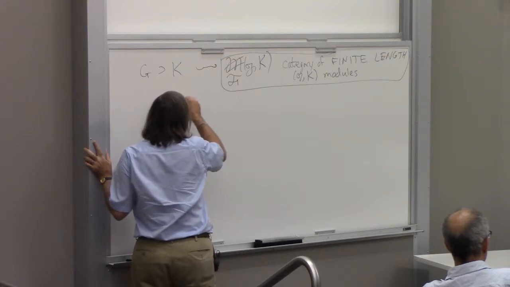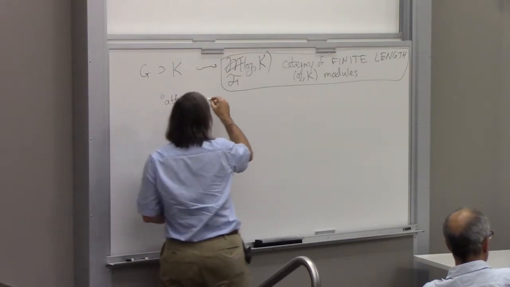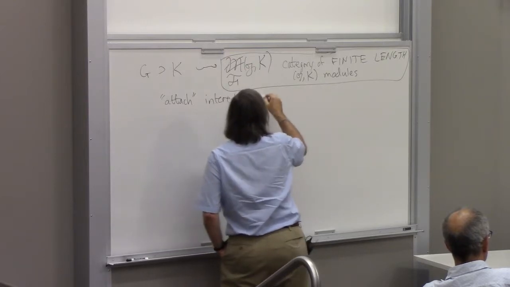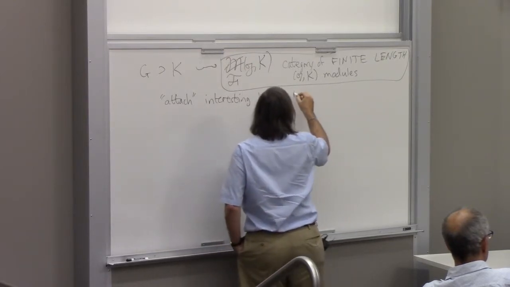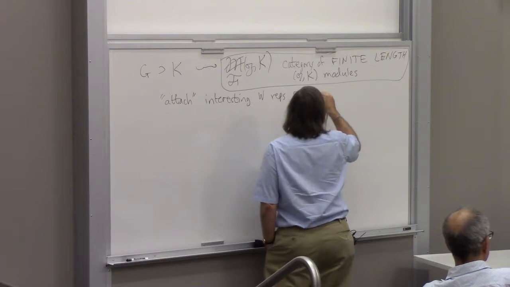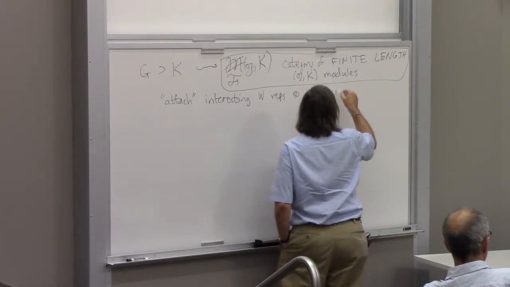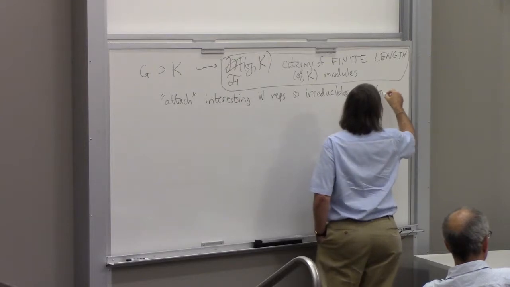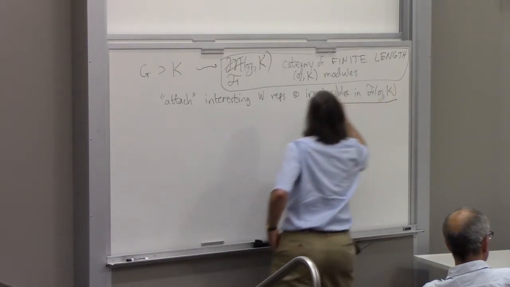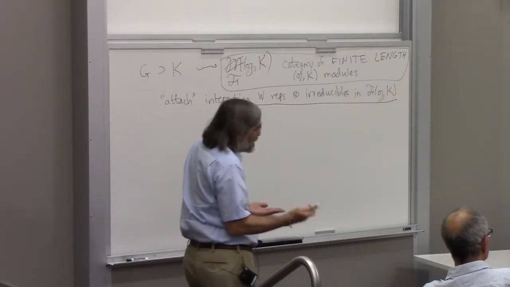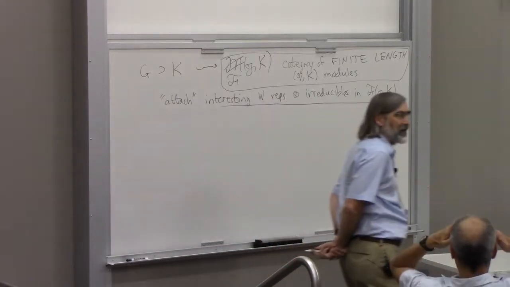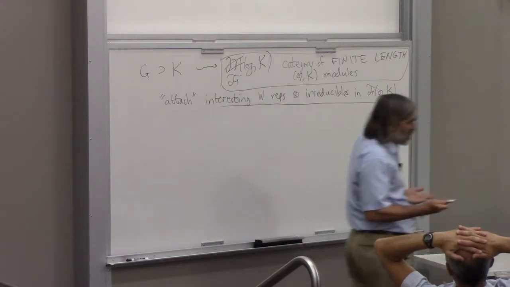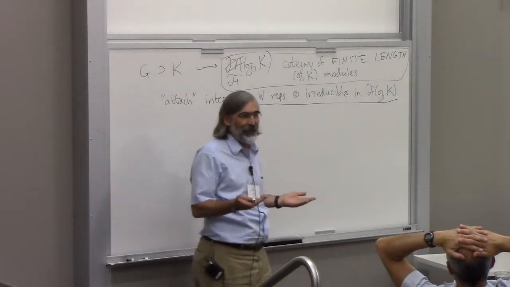More or less, I want to attach interesting W representations to irreducibles in here. And these are the ones that Jeff was talking about in the first lecture. I want to explain what they are.